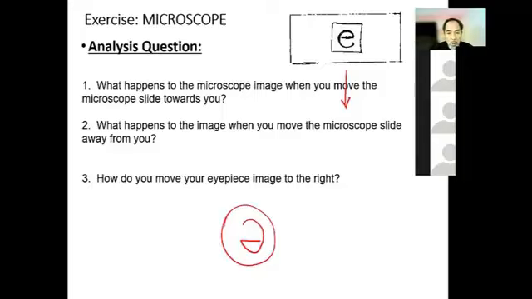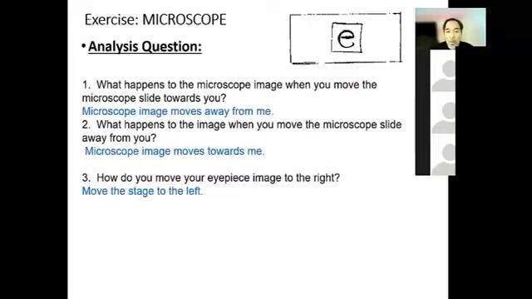Remember, it's upside down and reversed, so it's opposite. The image will move away from you. So if I move this slide towards me, the image will move away from me.